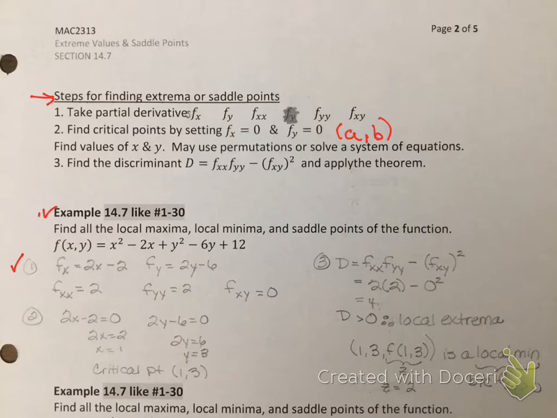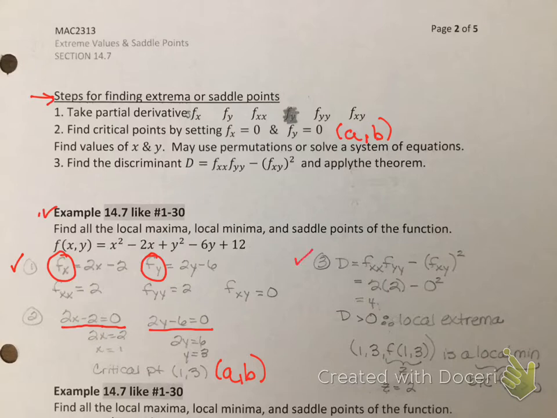Step 2. Find the critical points by setting the partial with respect to x to 0 and the partial with respect to y equal to 0. Solve those two equations and that gives you your critical point. So in this case, it's the ordered pair 1, 3. That's my ordered pair (a, b).